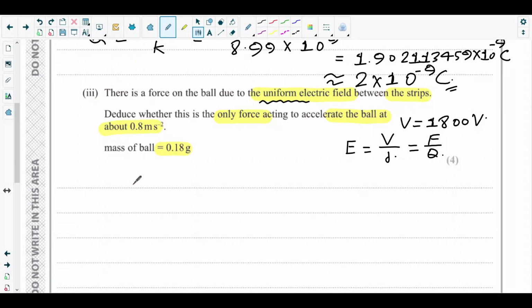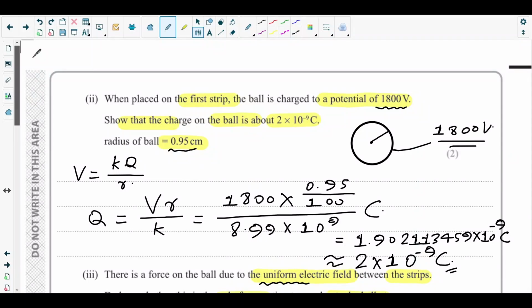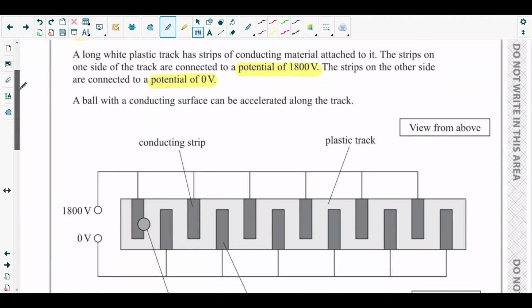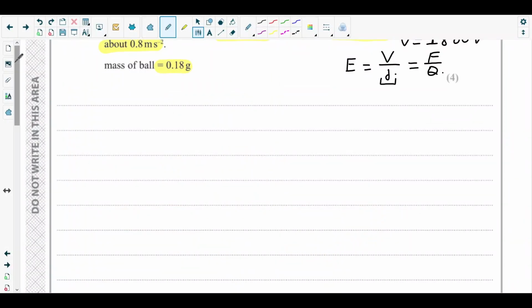At first we know the distance between the strips is 2 centimeter, which, if I'm not wrong, was given earlier: exactly 2 centimeter, 0.02 meter.